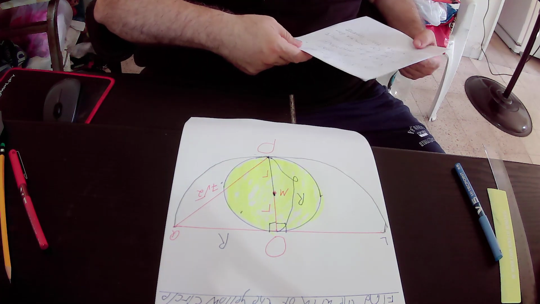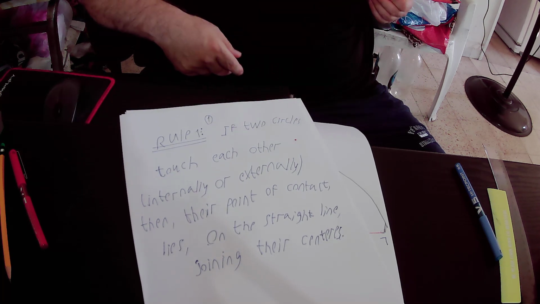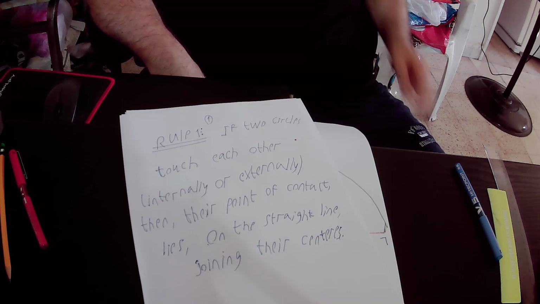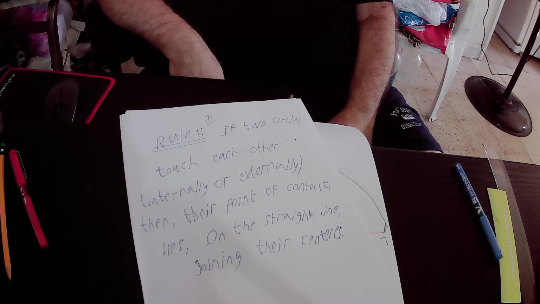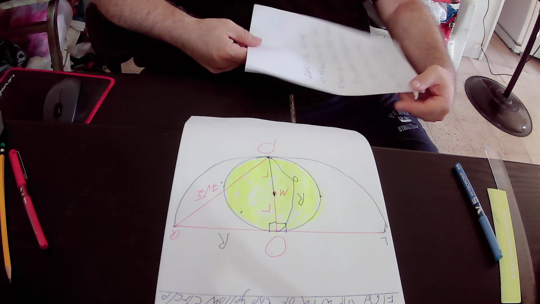According to rule number 1, if two circles touch each other either internally or externally, then their point of contact lies on the straight line joining their centers.